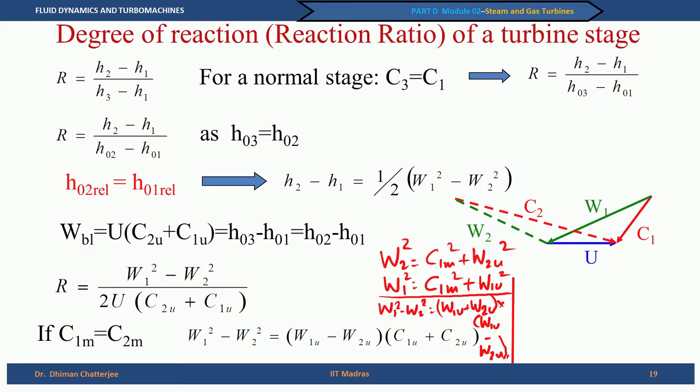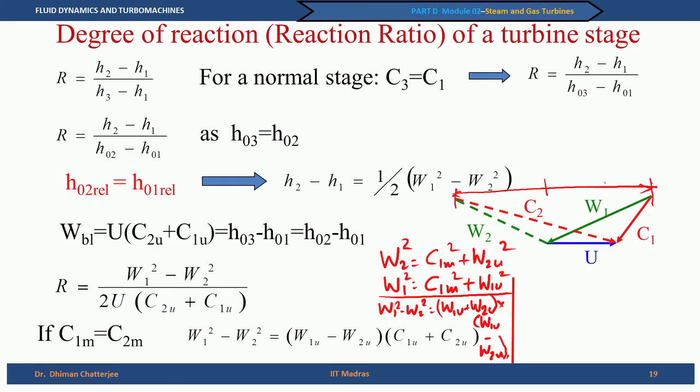Now W1u minus W2u is nothing but we are talking about this distance, which is exactly the same as C1u plus C2u. Let me mark it, this distance. This much is W1u, and this much is W2u, and this one is W1u.